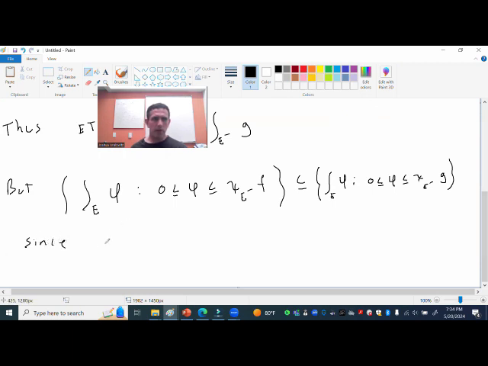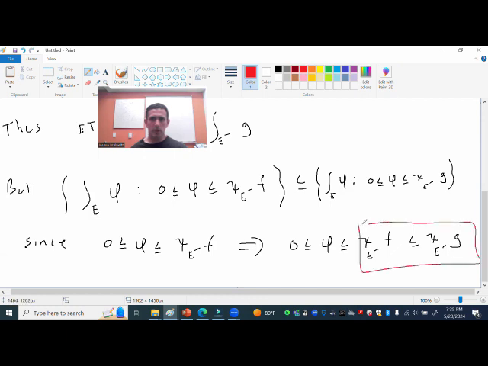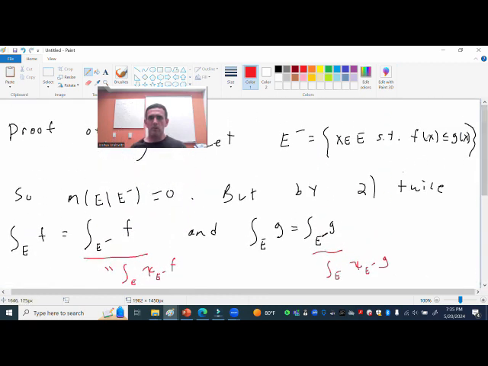Why? Very trivially, if this is true, then that means, well, I literally did nothing here. But that means this is true. Why is this true? Well, if we're away from E prime, they're both zero. If we're on E prime, it's the set of all x in E where this is true.